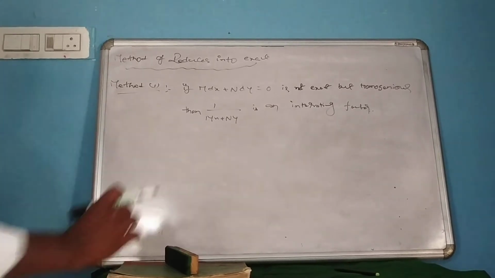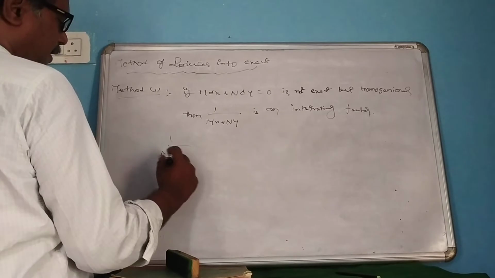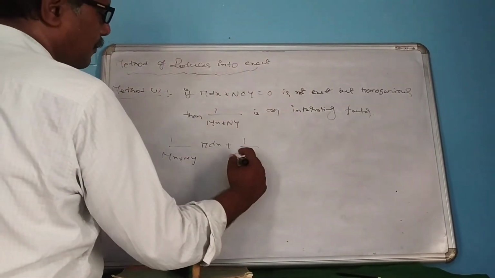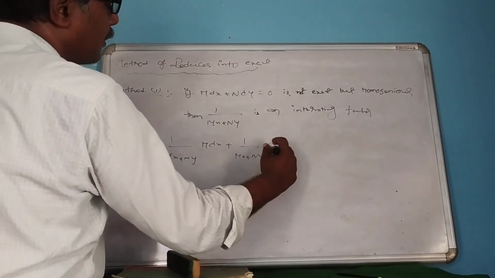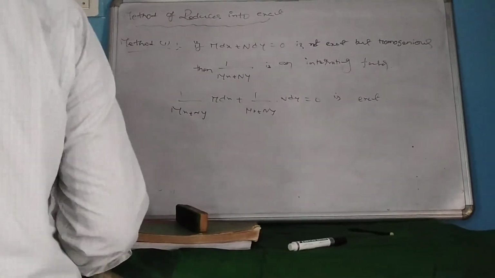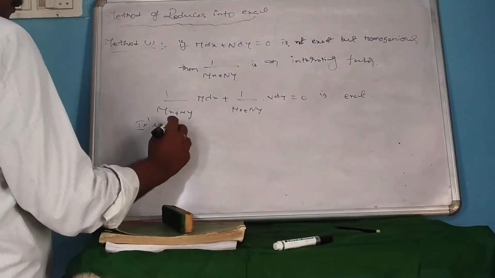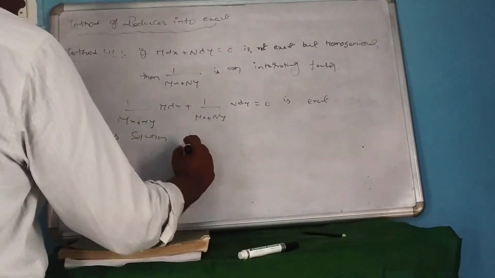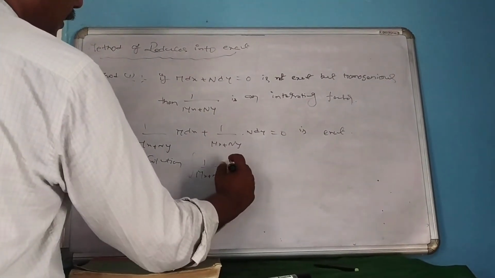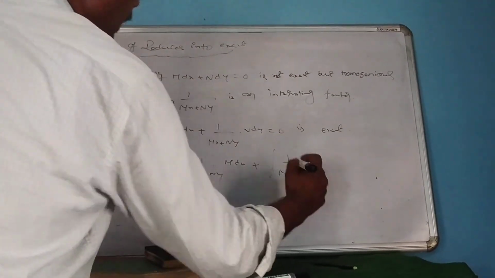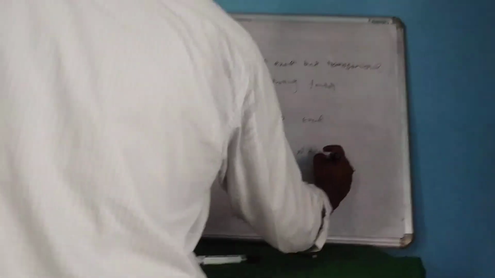On multiplying with 1 by Mx plus Ny, M dx plus 1 by Mx plus Ny, N dy is equal to 0 is exact. Its solution is integral 1 by Mx plus Ny, M dx plus integral 1 by Mx plus Ny, N dy is equal to 0.